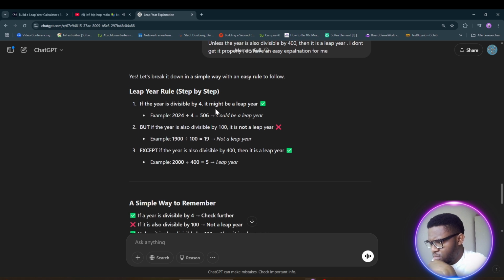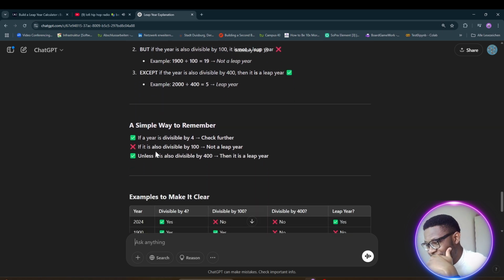If the year could be a leap year, but if the year is divisible by 100, it's not a leap year. If it's divisible by 100, it's not a leap year, except if the year is divisible by 400.